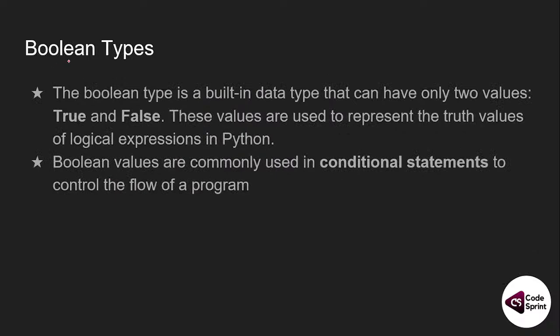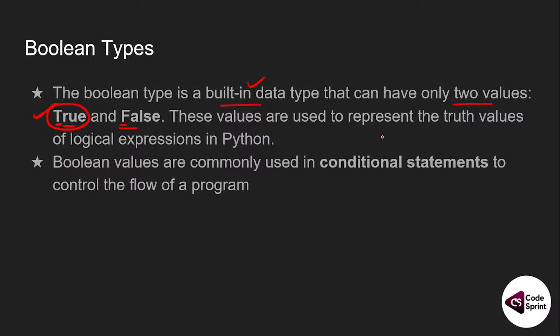Now, here bool types. Bool types are a built-in data type which only has two values, true and false. We have seen the example as well, and this is capital T. We need to use capital T and capital F for that.